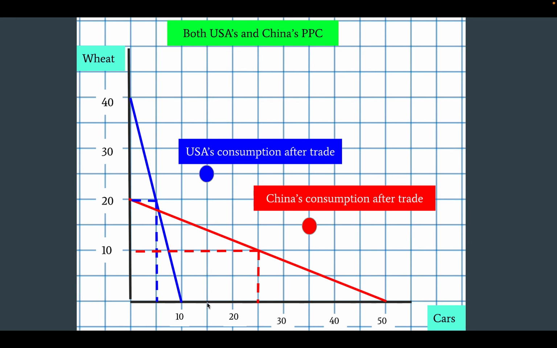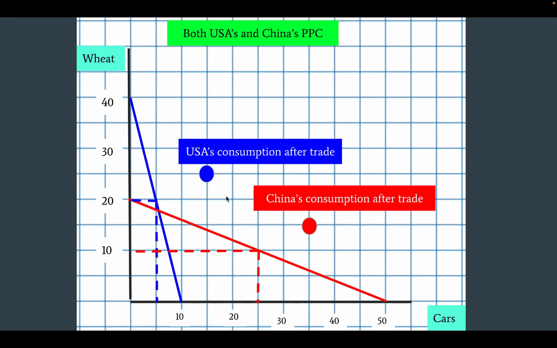Now that they have 15 cars, whereas beforehand they only had 5, the prices of cars in America are going to fall. So because America produced 40, stuck with the thing that it had the absolute advantage in, and then traded with somebody else that produced the good they had the absolute advantage in, they have a higher standard of living in both goods. Both of them.